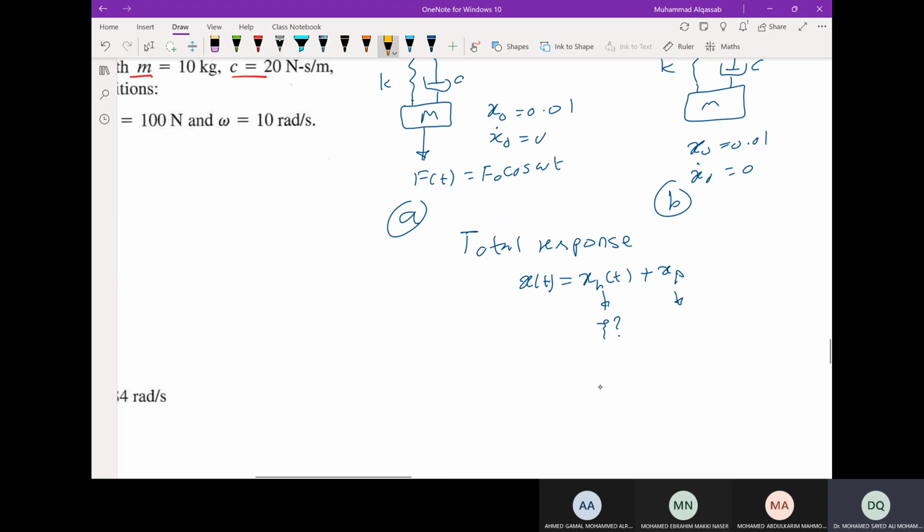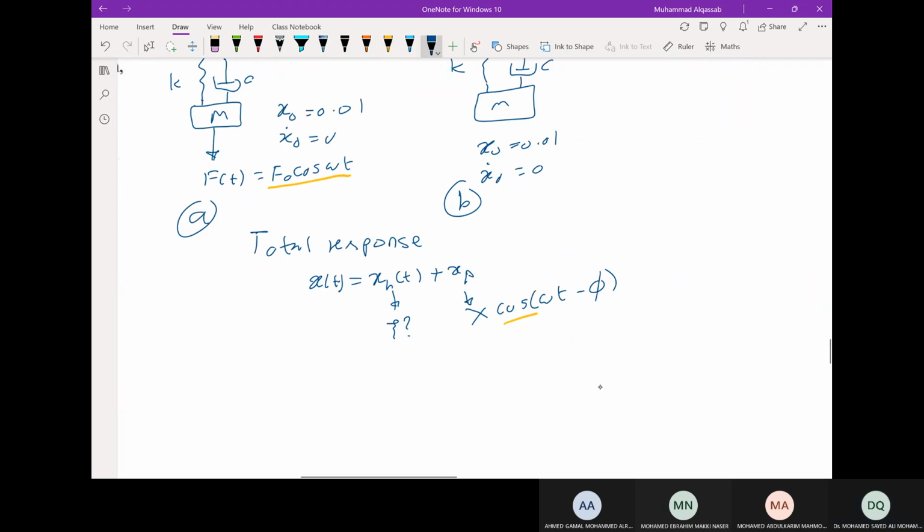The force is F naught cosine omega t, so xp is going to equal X cosine, not sine, cosine omega t minus phi. Okay, so why do we use cosine? Because the force applied is a cosine. Okay, this is for part A.